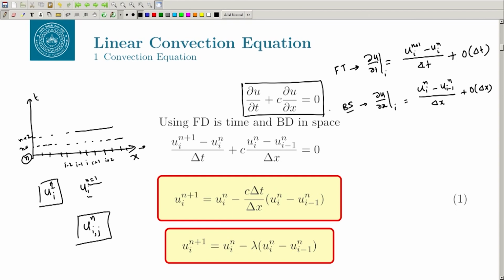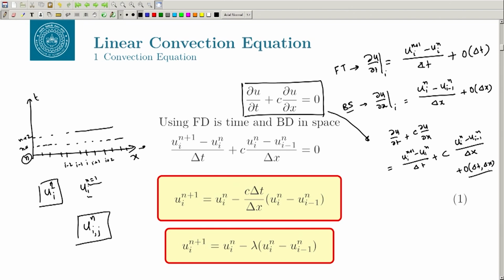If you approximate the equation del u by del t plus c del u by del x, this will become u_i^(n+1) minus u_i^n by delta t plus c times u_i^n minus u_(i-1)^n by delta x, plus order delta t, delta x. This is your order of accuracy.